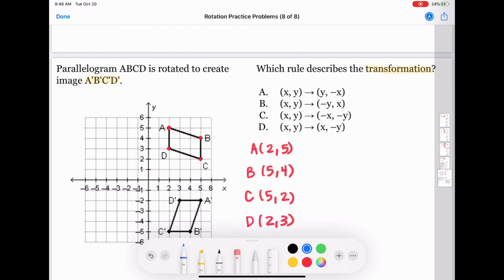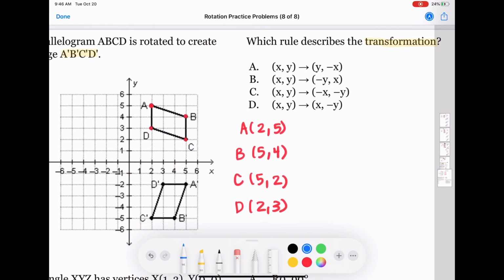And our resulting vertices after that transformation are A' is located at 5 and -2. B' is located at 4 and -5. C' is located at 2 and -5. And D' is located at 3 and -2.